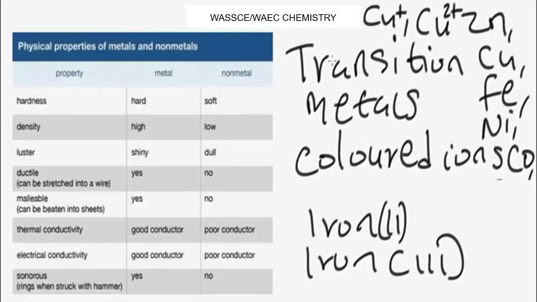But the ability to form colored ions and complex ions are just their peculiar properties, aside from the fact that they are metals. These are the peculiar properties, so take notes of this. Having known this basic information, I feel that we should call this a class. These are the basic information you have to know for metals and non-metals for your chemistry.